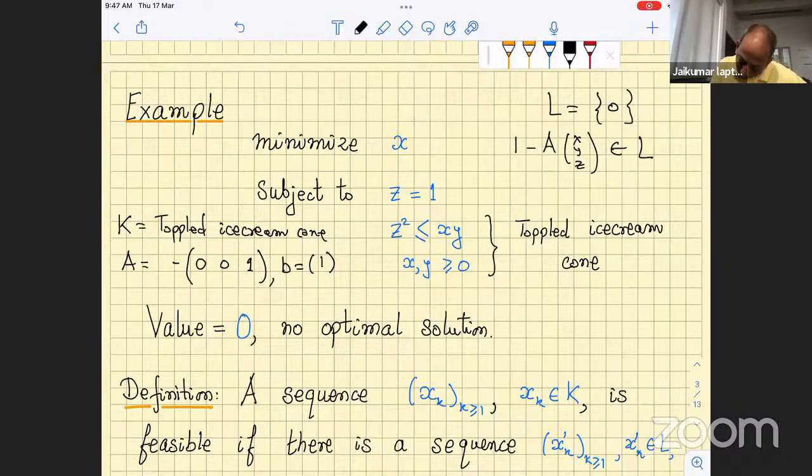So suppose I say 1 minus A(X, Y, Z) belongs to L. What does this mean?